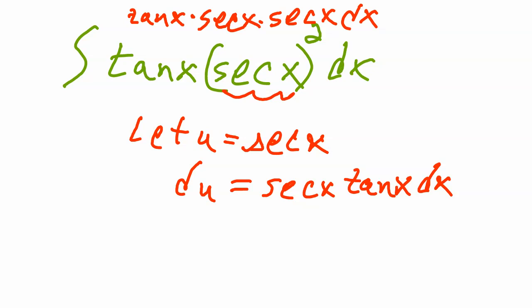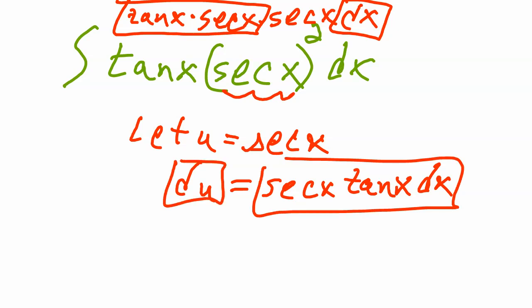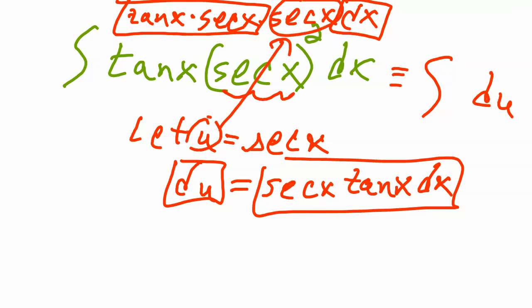But I have tangent x secant x dx, and I could replace all of that with du. So this is equivalent to du for that part. And then the u could go right in there for the secant. And I end up with the same thing, the antiderivative of u du, which is u squared over 2 plus c, same as what I had before.